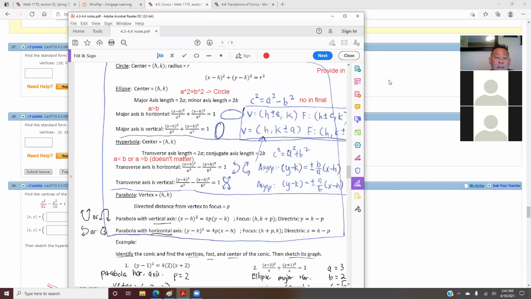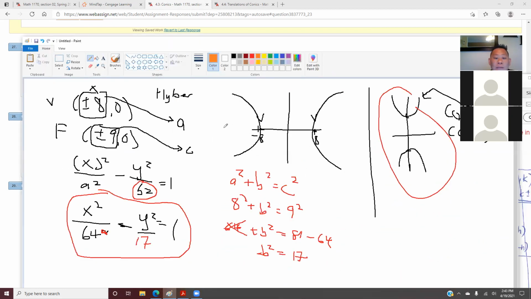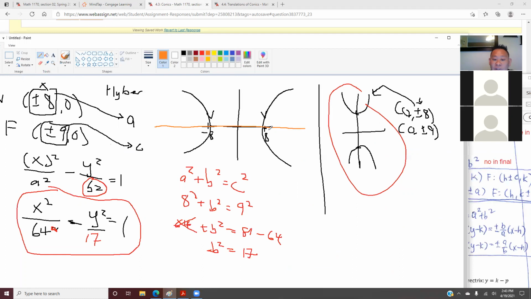Transverse axis, if it's talking about hyperbola, this is the transverse axis, the orange line. That means the transverse axis will have the vertices and the foci on it. And this is on the x-axis. That's why the x comes first. And this is your transverse axis, because your vertices and your foci are on it.